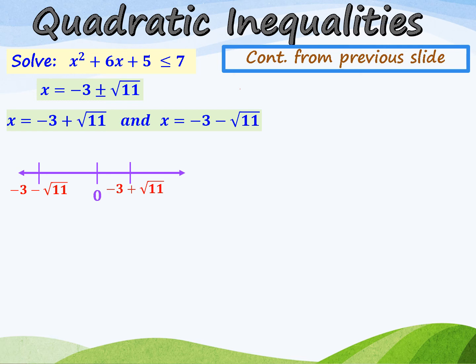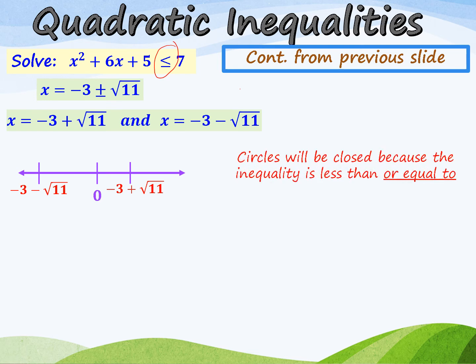Now we have to decide, is it going to be an open or closed circle? Well, I look at my original inequality. That's or equal to. So since it is or equal to, it's going to get a closed circle. Now I have to decide, am I going to shade in between or off to the opposite ends? So I pick a number that's between -3 minus the square root of 11 and -3 plus the square root of 11.